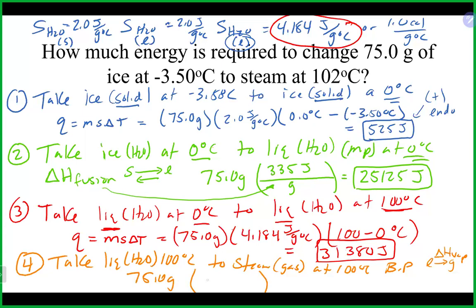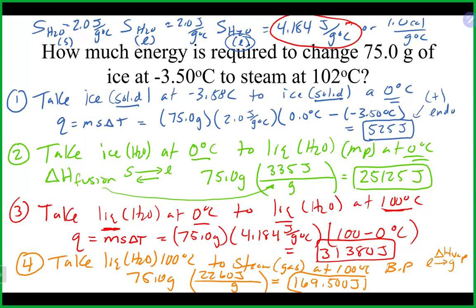We're going to hit it with the heat of vaporization, and that's going to be something like 2260 joules per gram. And we're going to end up with about 169,500 joules is the energy required to take it from liquid water to gas.